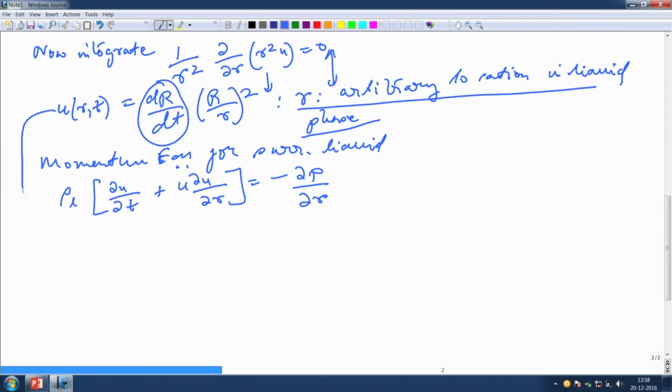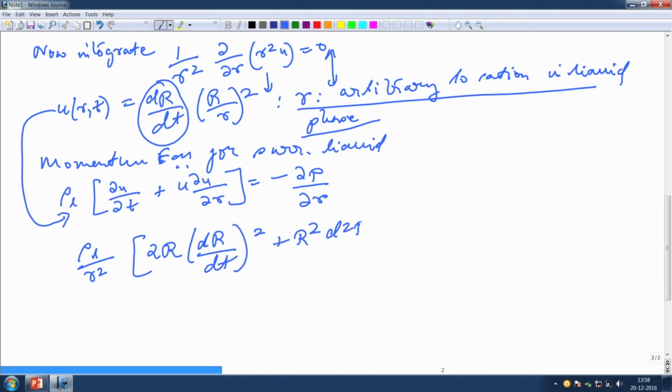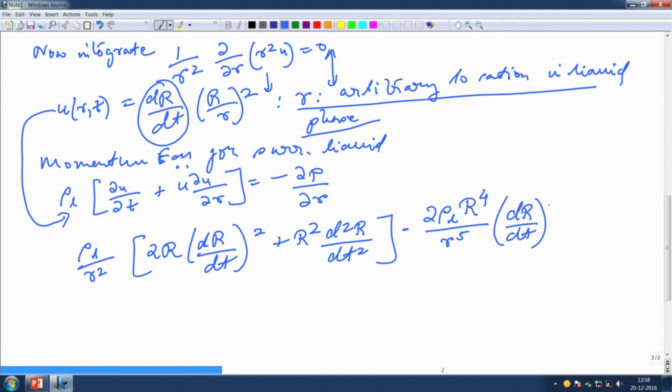Once you substitute this into the equation, that is the total momentum equation that you will get.